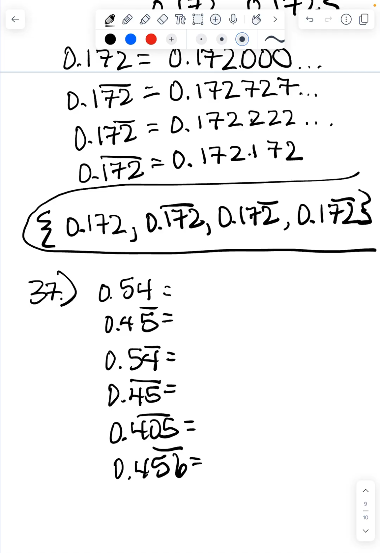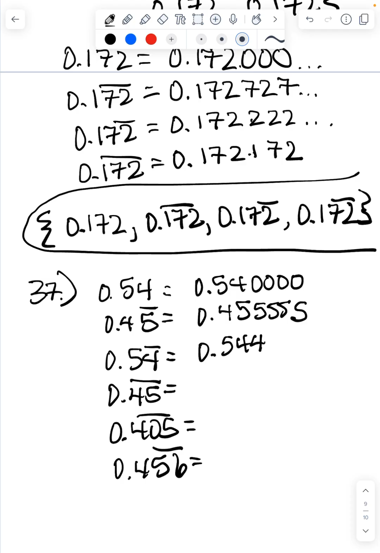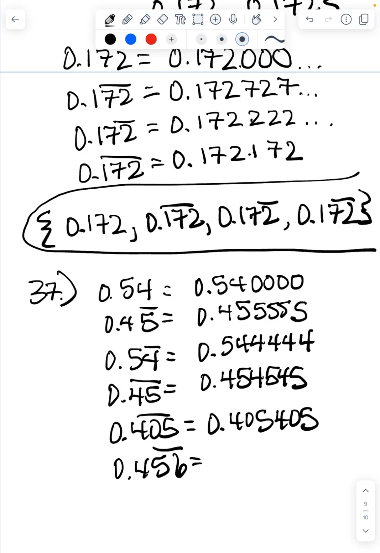Okay. So let's do 3 decimal places. So 0.540000, 0.455555, 0.54s, repeat the 4s, 0.454545, and then 0.405405.